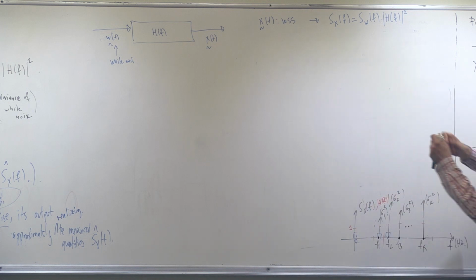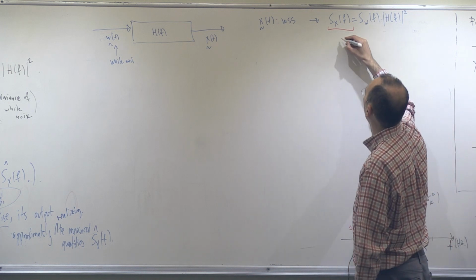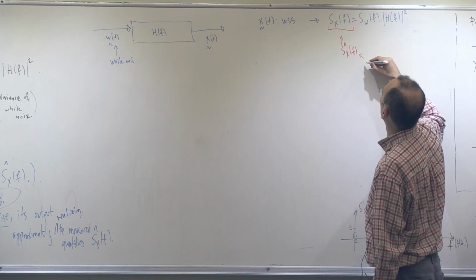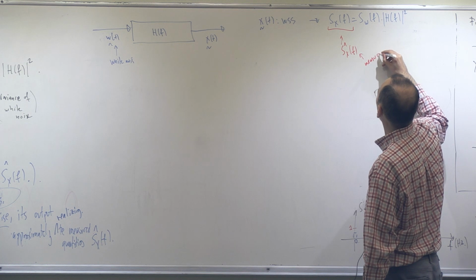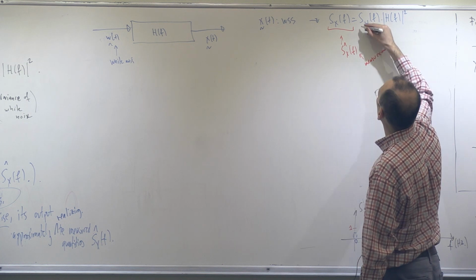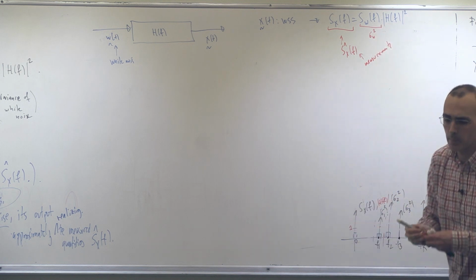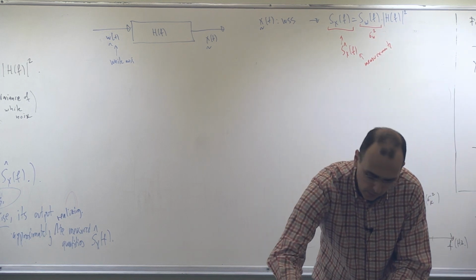Let's say that I have some measurements for this. Since this is white noise, this is just a constant.